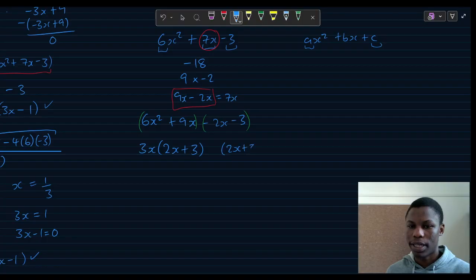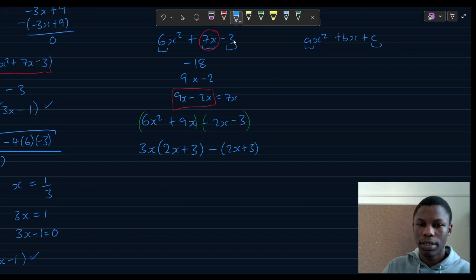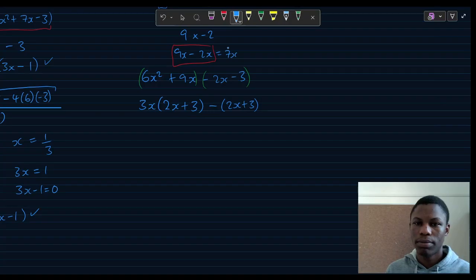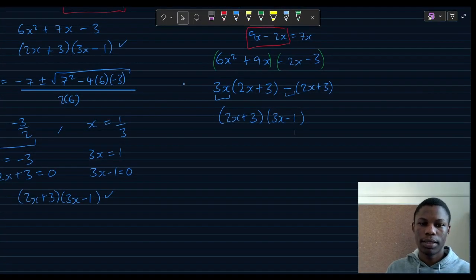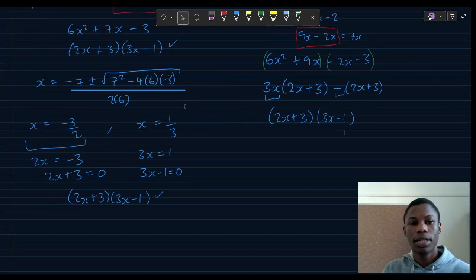So it has to be 2x plus 3 here. And so what do I have to factor out here? For me to get a 2x plus 3, I have to factor out the negative. And so now, since 2x plus 3 is common in both terms, I can actually just factor out the 2x plus 3. And so here I end up with 3x minus 1, which is the same result as the other two scenarios.